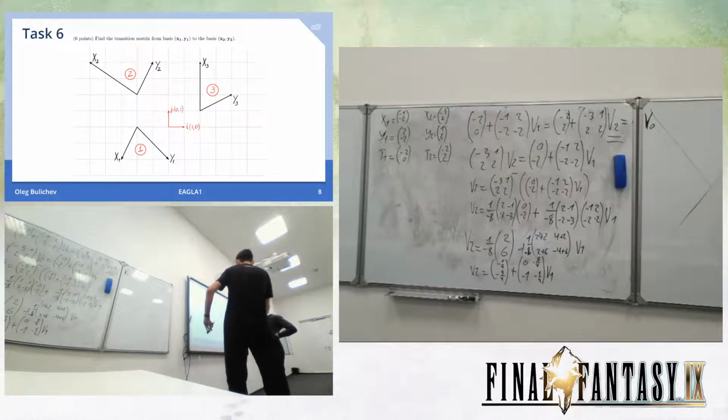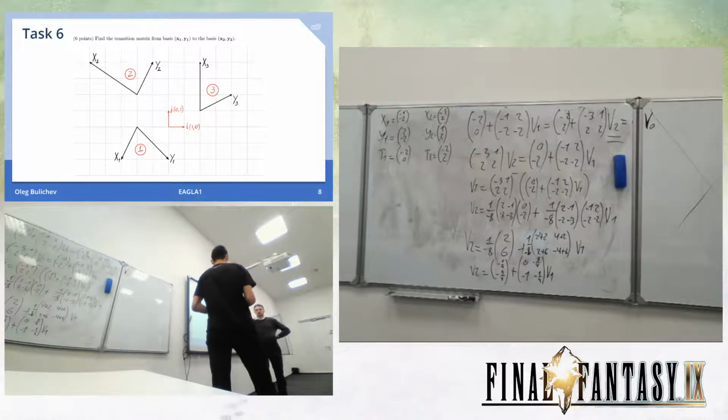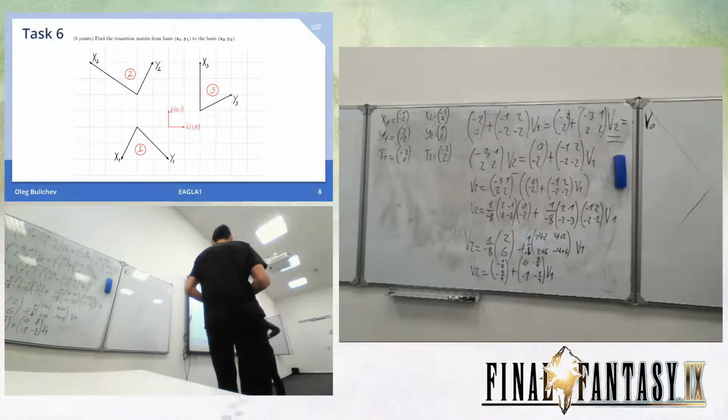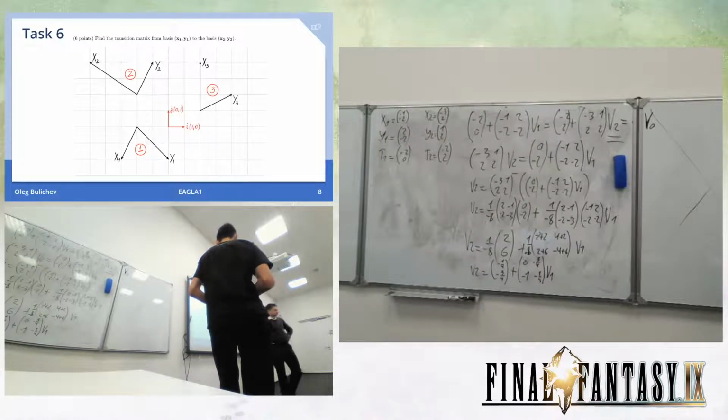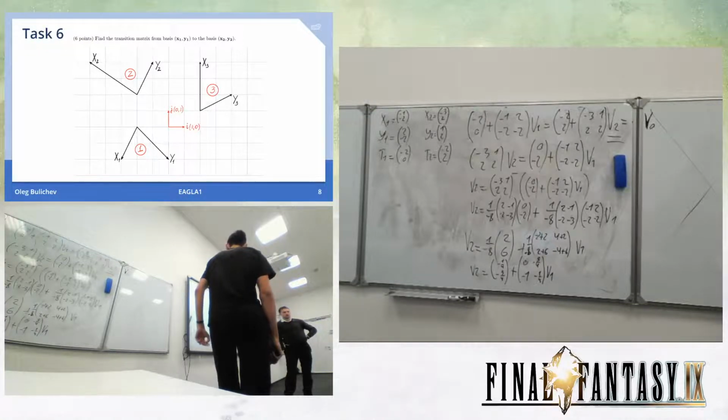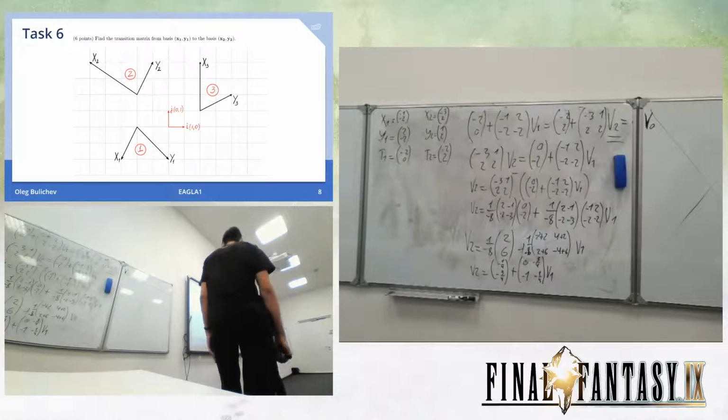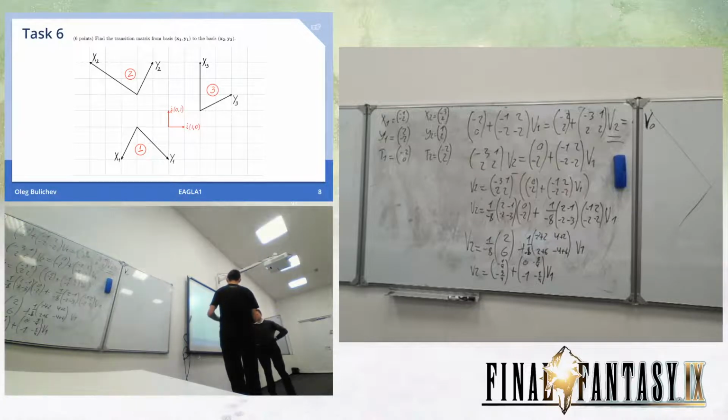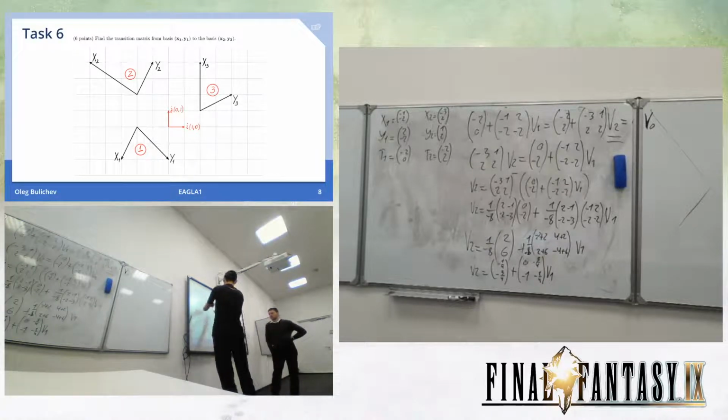Okay, the sub question: how can we check it if I want to check it according to the Cartesian space, not according to this one? I mean, what do we need to do? Guys, how can I check that I solved it correctly?